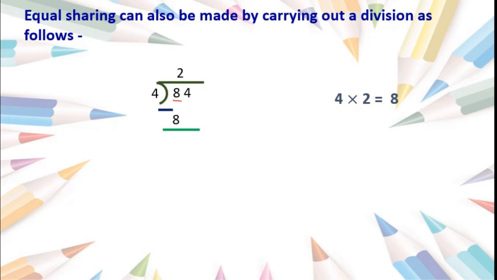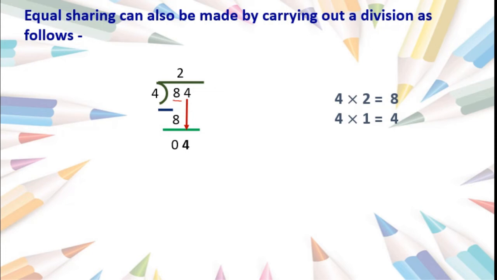So 8 minus 8 is 0, isn't it? Now 4 units remained. So we will bring that 4 units down. These are 4 units. Now again we will recite the 4 times table and find out where 4 is. 4 ones are 4, isn't it?